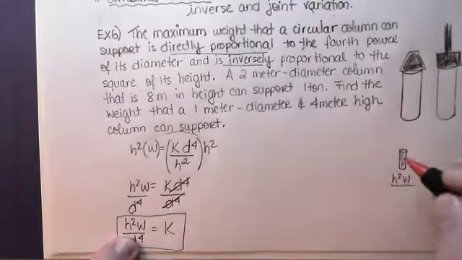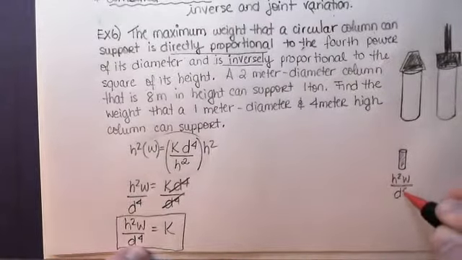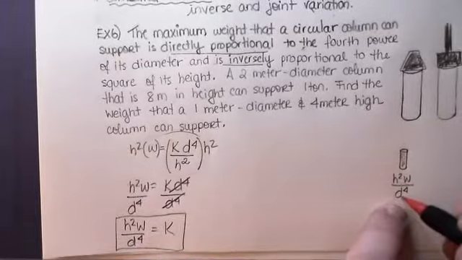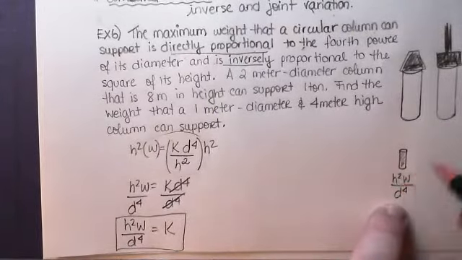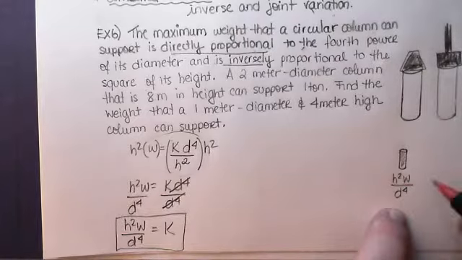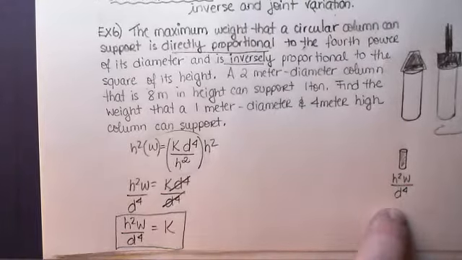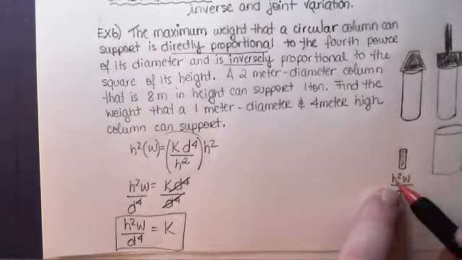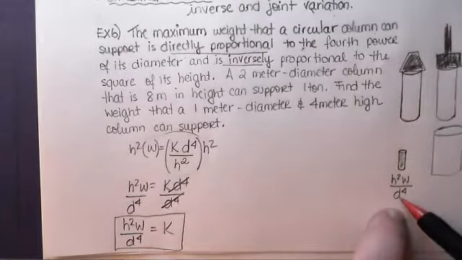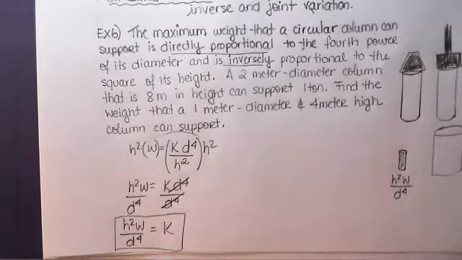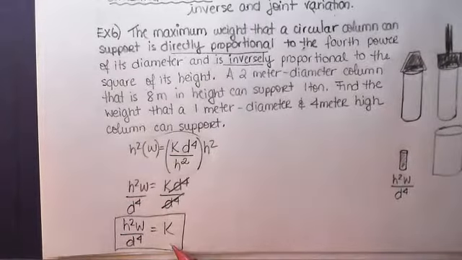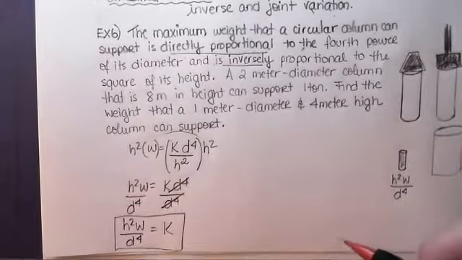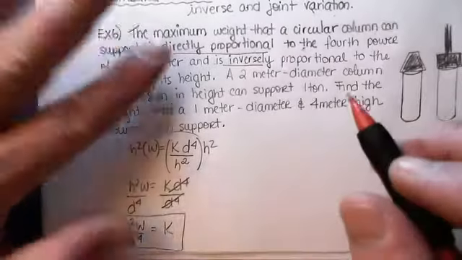The little column at the college lab would have a smaller diameter and a much smaller height, but we'll be able to use all this information to make a prediction. For example, on a bigger column, how much would the height and the diameter have to be for a certain weight? And that's the power of this information. So let's go back to this problem here.